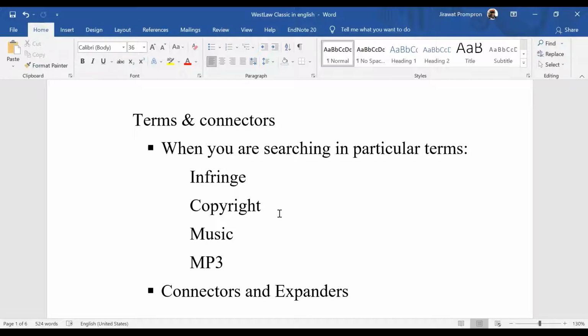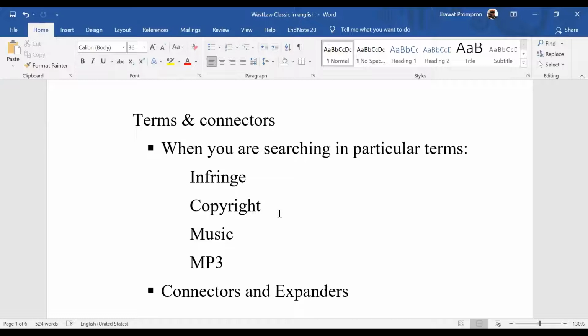So you can start with the key terms. You start with the concept infringement, and you scope down to what kind of infringement. You want to scope down to copyright. Copyright is too broad, so make it specific to music. Copyright can be books, music, video.